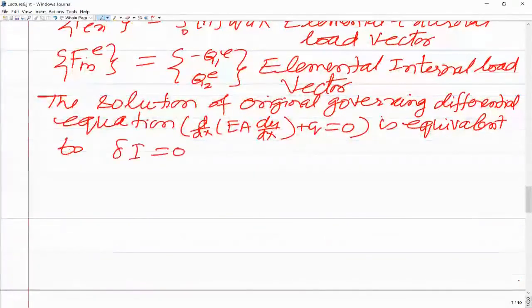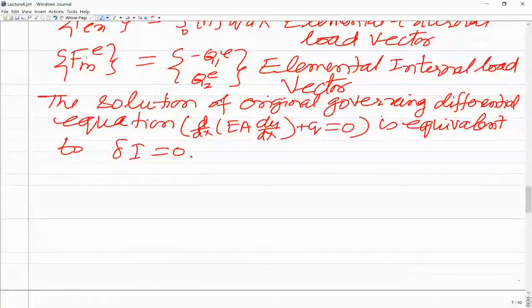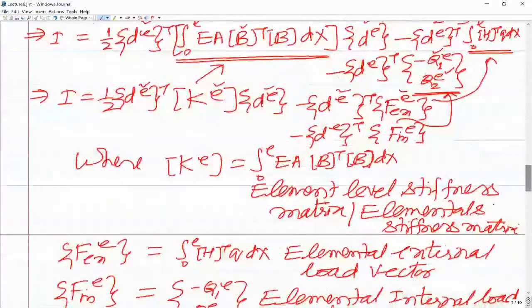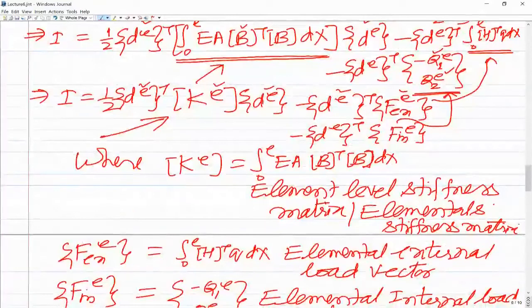So we are going to generate the equations for finding u1 and u2 from the variation of I equal to 0. Now if I write the expression for delta I, I is defined over here, so we will work with this I. We have to take the variation of the first term, and the variation is taken of an unknown quantity.